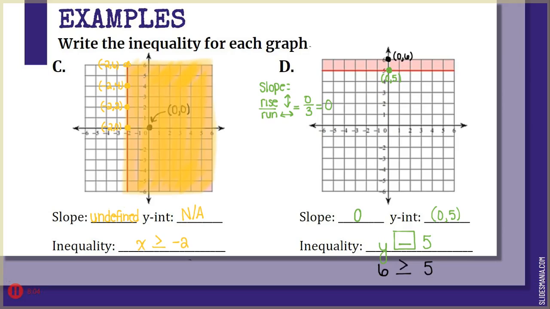It is definitely greater than or equal to 5, so I'm going to replace that green box with a greater than or equal to. And notice that that makes sense because I shaded above. Numbers that are greater than or equal to 5 would be above 5. And so I would shade above. And that's how we write inequalities.